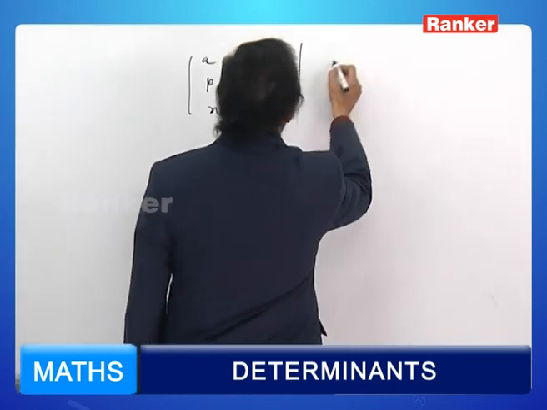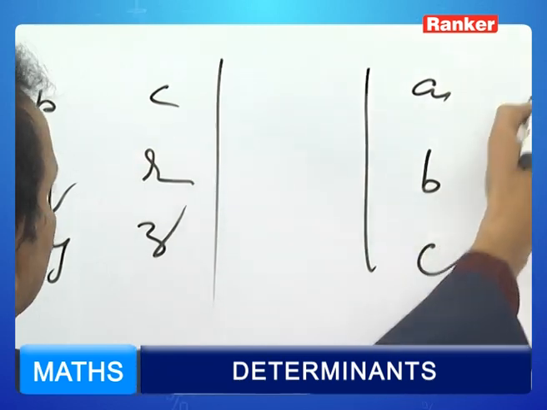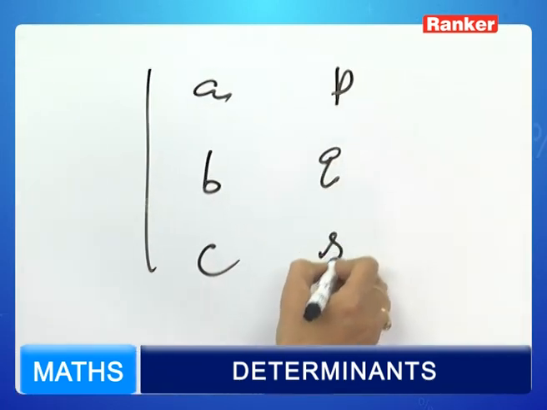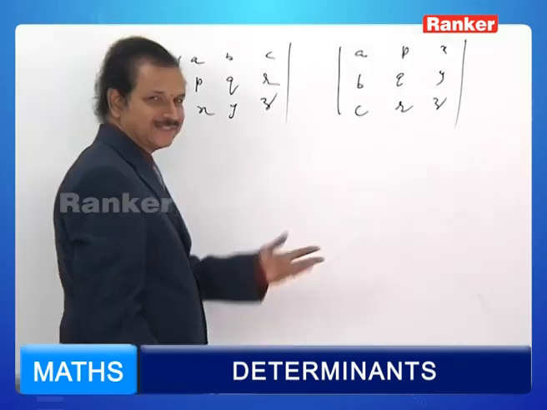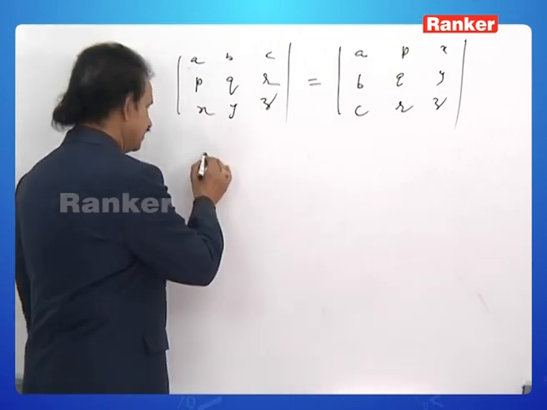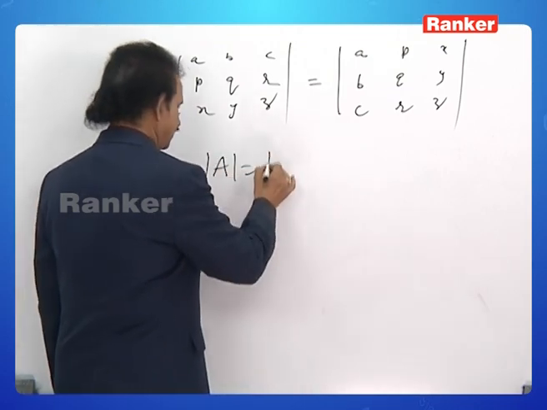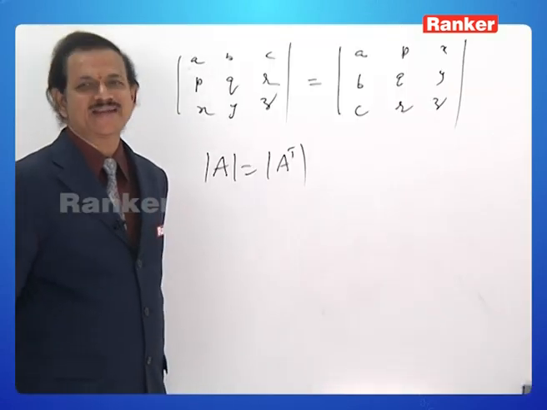What happens? This is a, b, c; p, q, r; x, y, z. In this case, the determinant does not change. What I mean to say is that det A is equal to det A transpose.